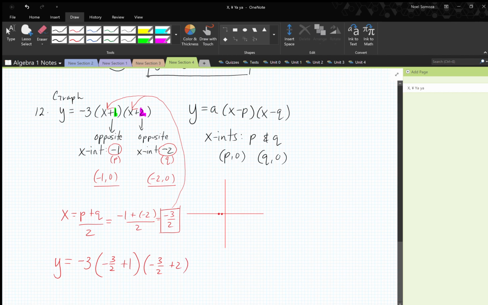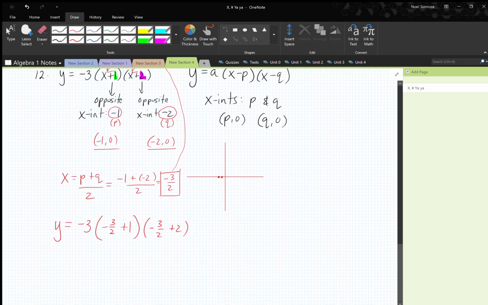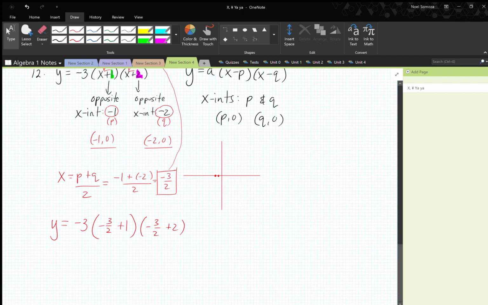In order for us to add fractions, what we need is a common denominator. So we can put a 1 underneath, but we still can't add them because the denominators are not the same. We want both of the denominators to be the same. So I can multiply the top and bottom of this one by 2.